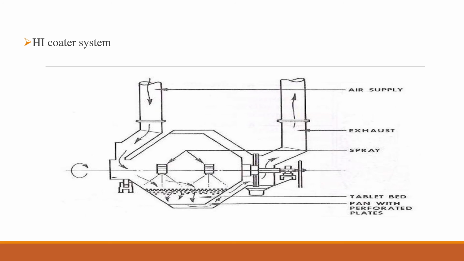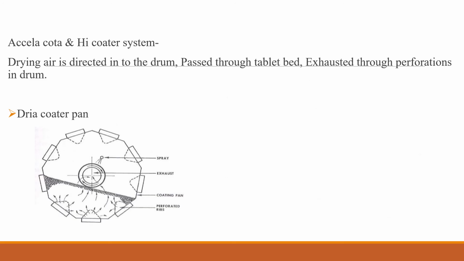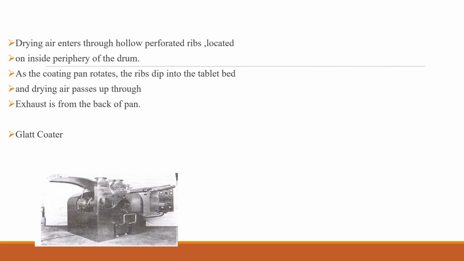Okay, so next, the Dria Coater and Hi-Coater system. Here the dry air is directed into the drum, passed through the tablet bed, adjusted through perforations in the drum. In the Dria Coater system, you can see the spray gun is there, and one adjuster is there inside, and the coating pan is there. After that, perforated ribs, like rubber-shaped elements, are there.